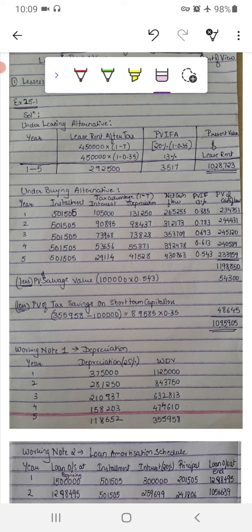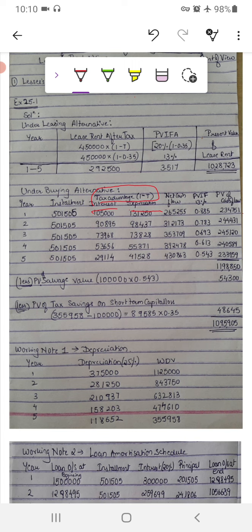Then is tax advantage. If you see here, it is mentioned as tax advantage. Now why tax advantage is because whenever you take a loan, you pay interest, and whenever you pay interest, interest is a deductible expense. So you save tax on that. So that is what is called as tax advantage on interest as well as on depreciation, because depreciation is also a deductible expense.